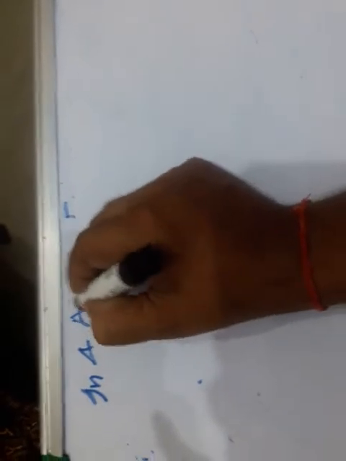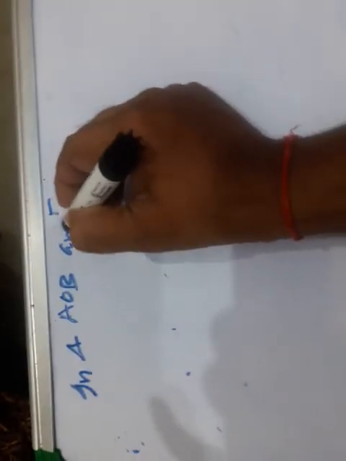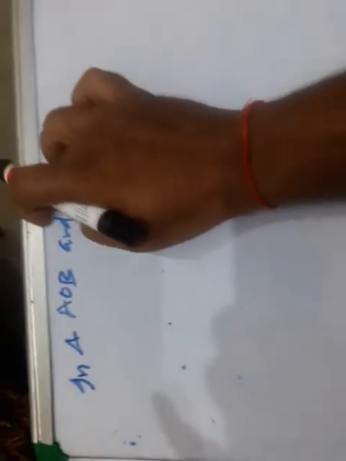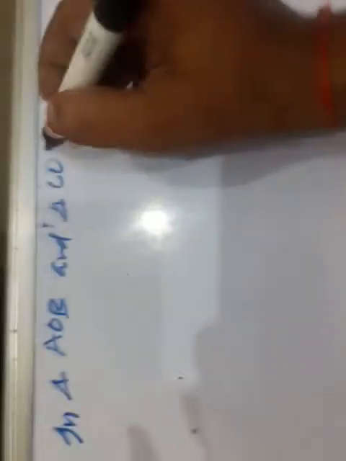In triangle AOD and triangle COB. Okay, what do we have over here, children? AD equal to BC. Write down, AD equal to BC.